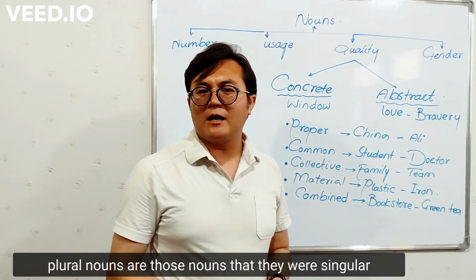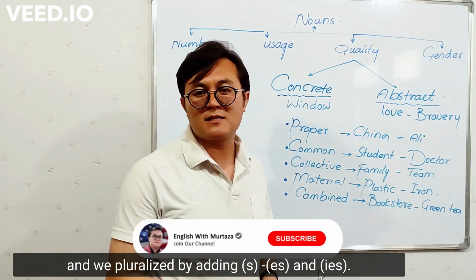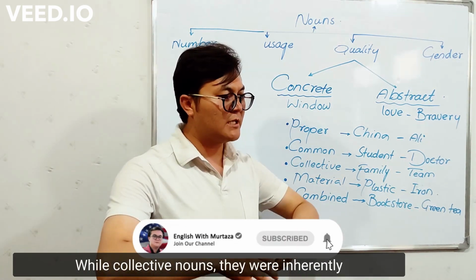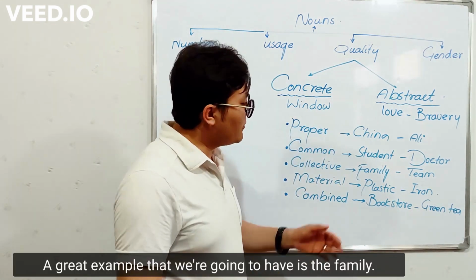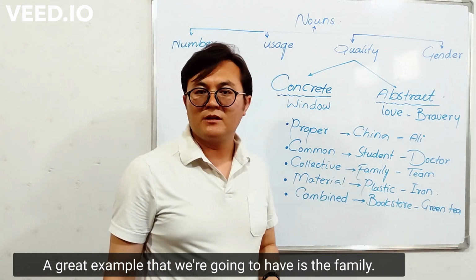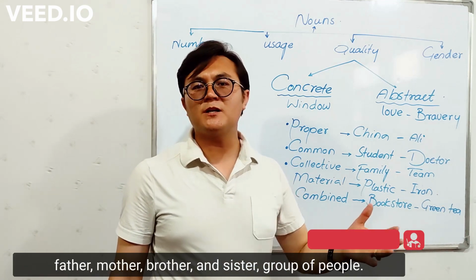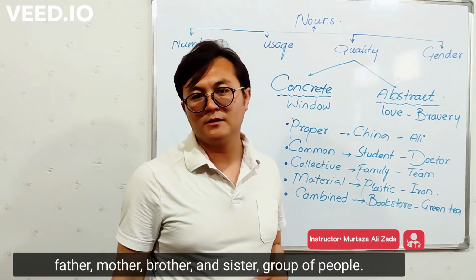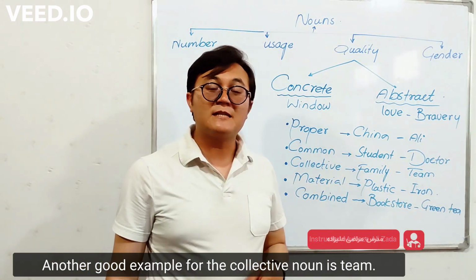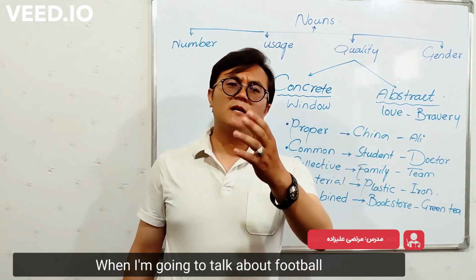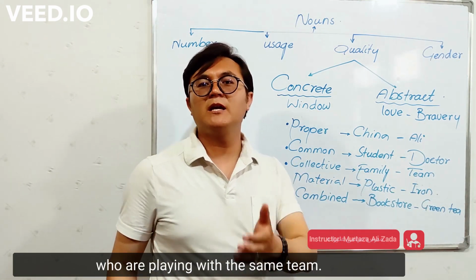Plural nouns are those nouns that were singular and we pluralized by adding s, es, and ies, while collective nouns inherently indicate a group of people. A great example is the family. Family is a collective noun since it indicates your father, mother, brother, and sister, a group of people. Another good example of a collective noun is team. When I talk about a football team, it indicates a number of people who are playing on the same team.